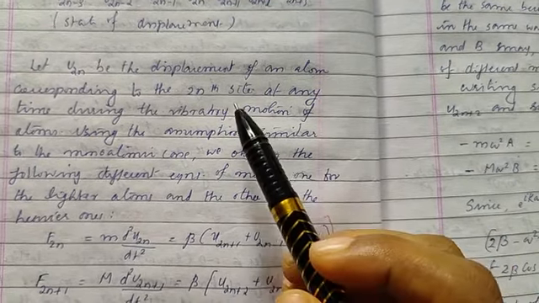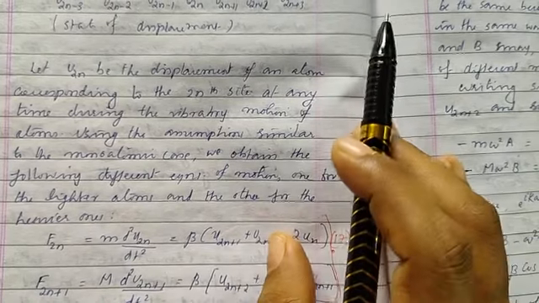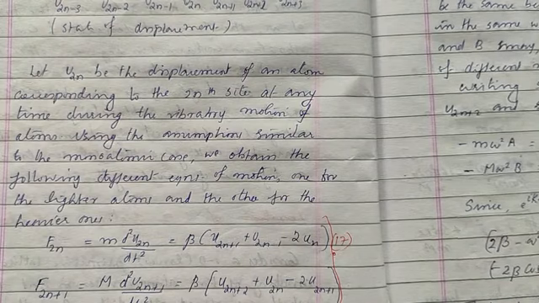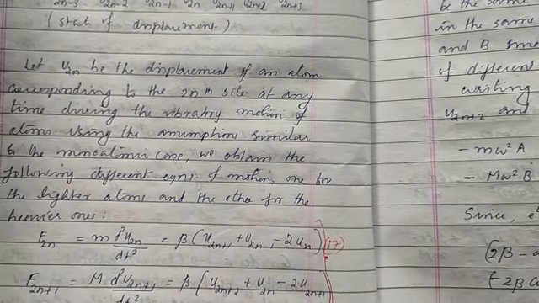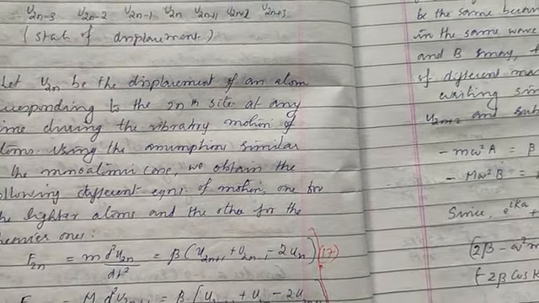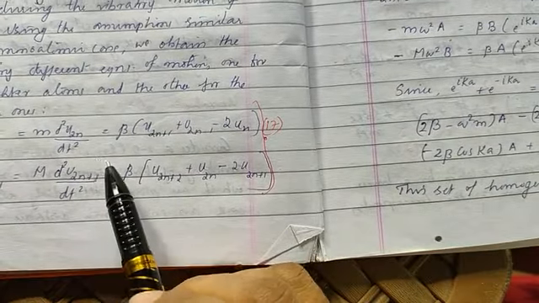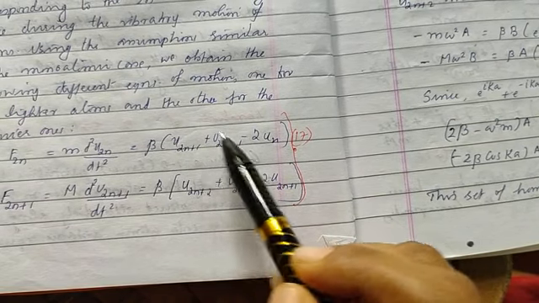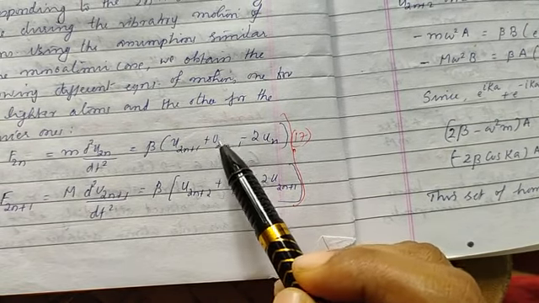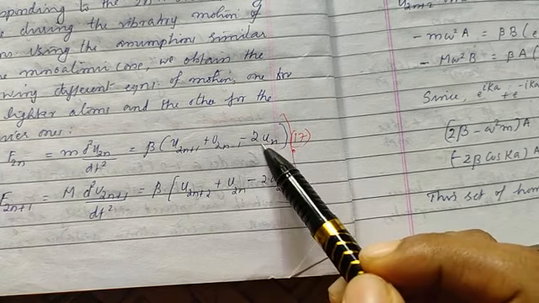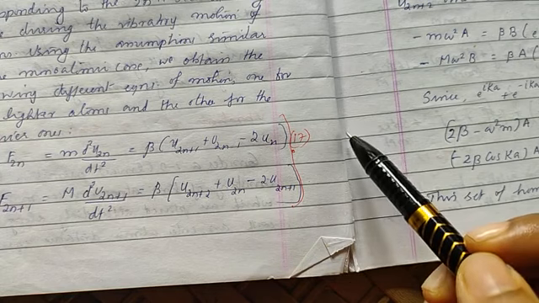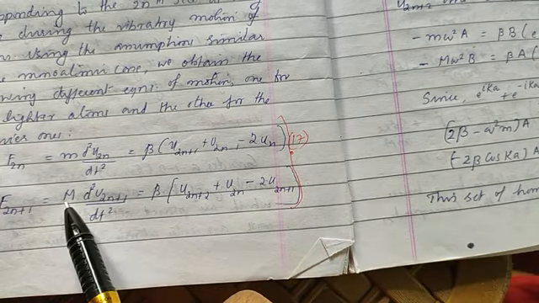By considering the force equation, the initial part of this procedure is the same as the one-dimensional procedure, so I need not explain it again, and I am going directly to the equations of motion. The atom at the nth position is connected to the atom at the n plus 1th position and the atom at the n minus 1th position.